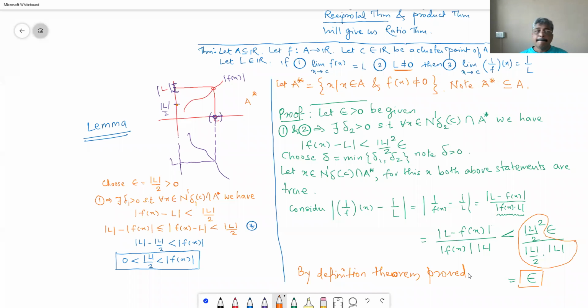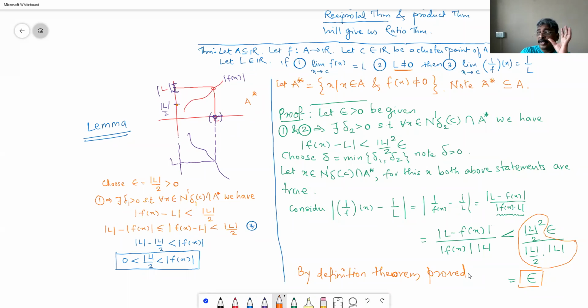Therefore, limit x tends to c of f of x g of x is equal to limit x tends to c of 1, which is equal to 1. Sir, f of x g of x we can replace by 1. So limit x tends to c of 1 is equal to 1.